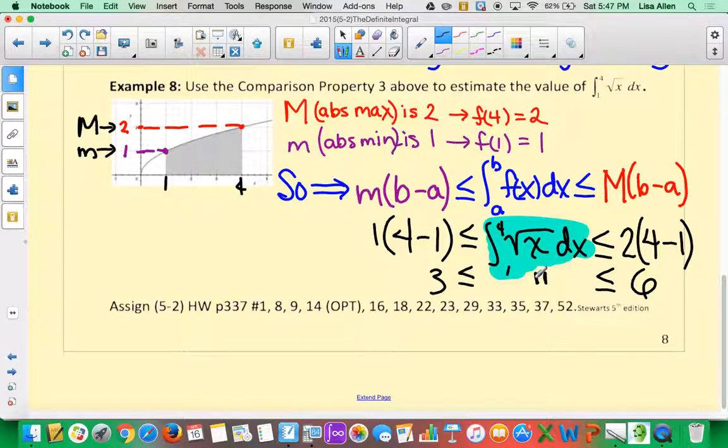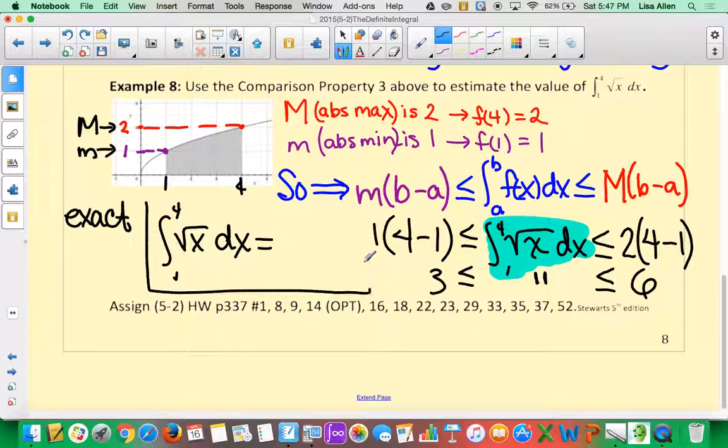Well, if we know it's between 3 and 6, let's see what the exact value is using your calculator. So let's put this here, the integral from 1 to 4 of square root of x dx, and let's see what it's actually equal to.